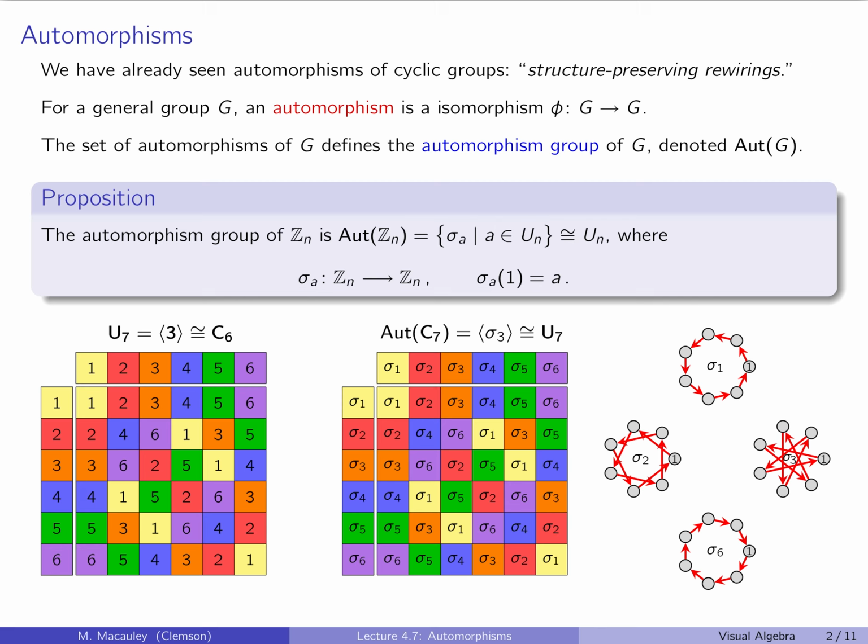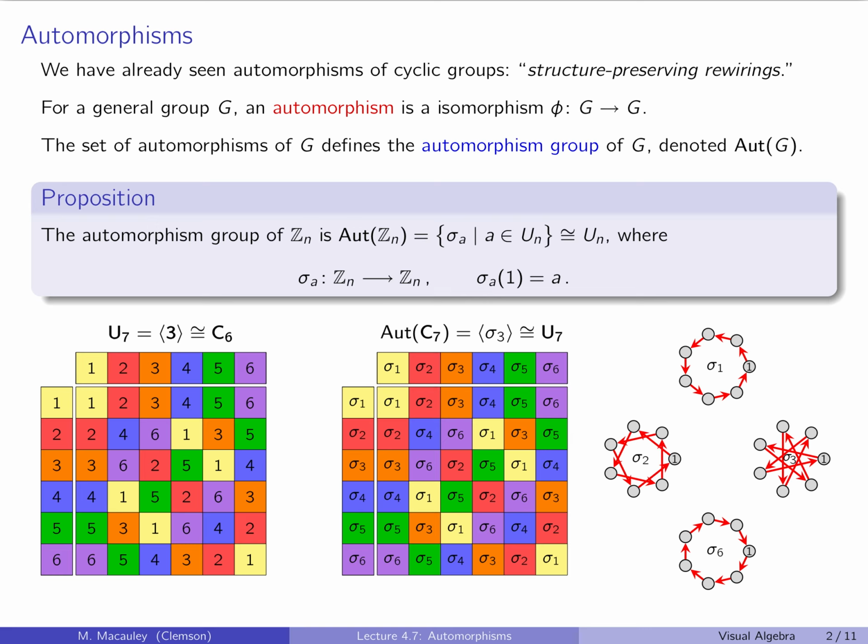This is U7, so the numbers 1 up to 6, and notice how 3 times 5 is 15, which is 1 mod 7. Now, this is just a group of numbers, and the automorphisms are groups of bijections, or isomorphisms, and each one is determined by where it sends the generator 1.